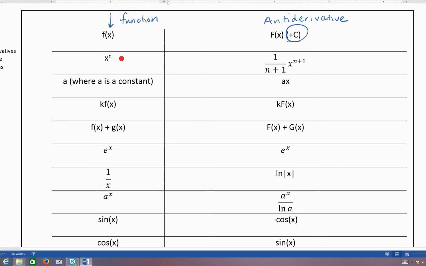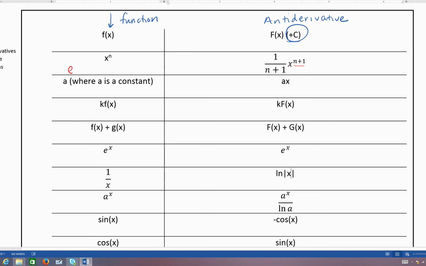So if you have x to the n, now remember the derivative formula was that you multiplied by the power and then subtracted one. We need to do the opposite of that. So what you do here is you add 1 to the power, and then you multiply by 1 over that power.